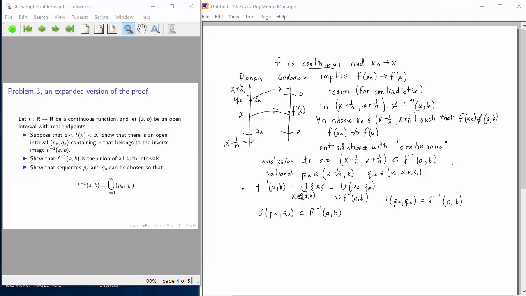In other words, for all the uncountable infinities of x over here, I make a little interval that is a subset of the inverse image. I take the union of all of those, and that union is the same as the inverse image itself. Why on earth did we do this? Well, p sub x and q sub x are rational numbers. The rational numbers are countably infinite, and so, as you know, is any pair of rational numbers.